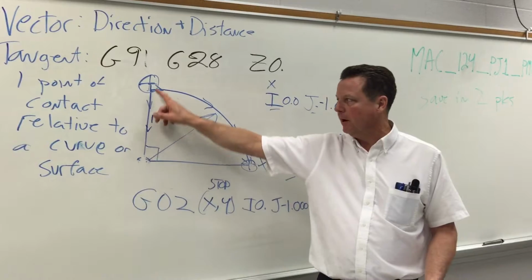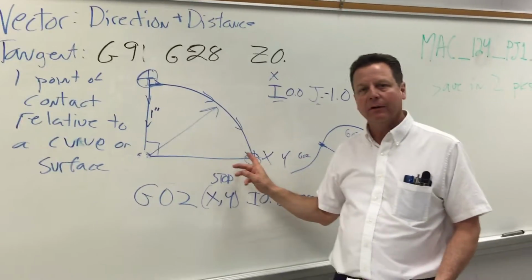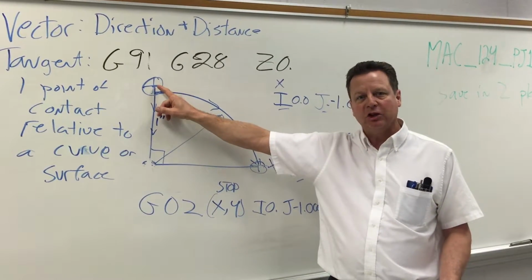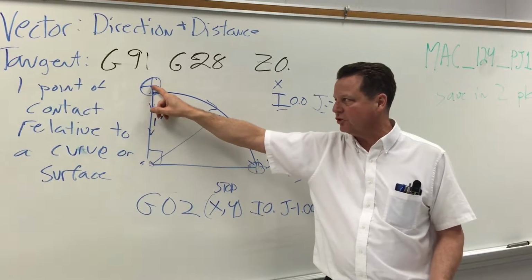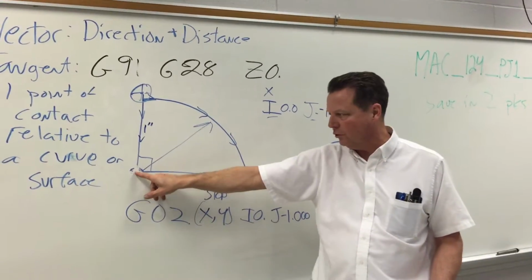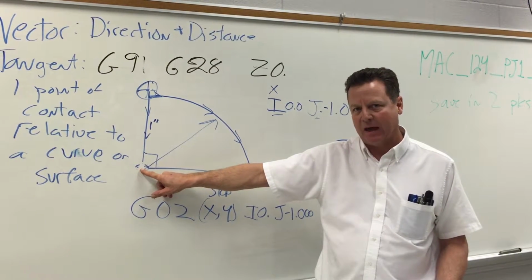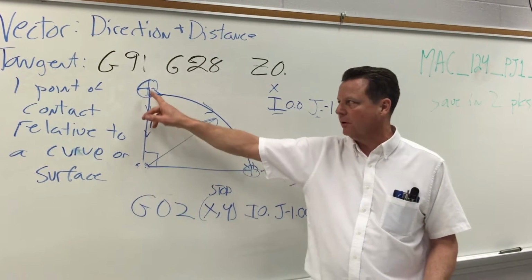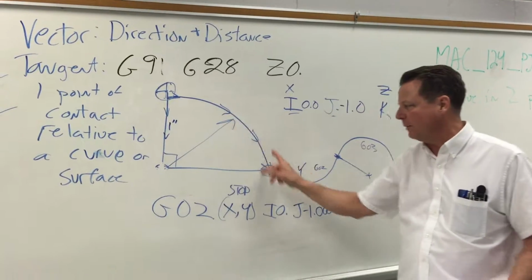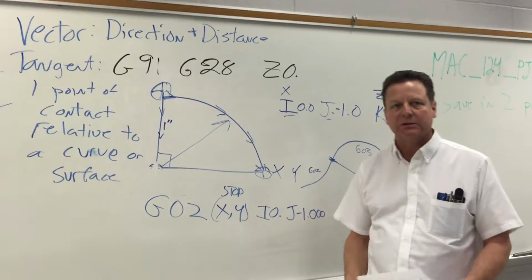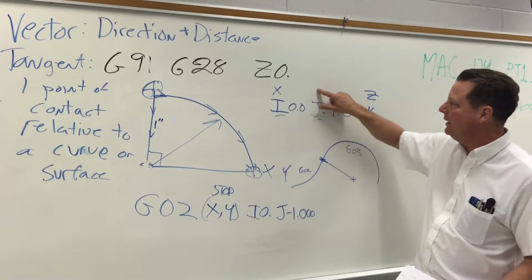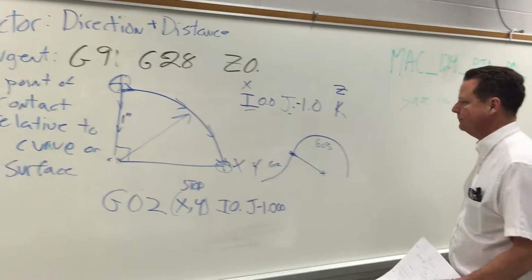We're going to program a move from here to here, but the I and the J are taken from the starting point to the swing point, the direction and distance of that. Then the circular interpolation move ends up at these X and Y locations. I explained that I and J stand in for X and Y.